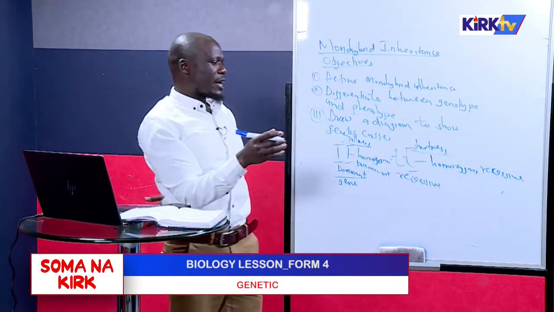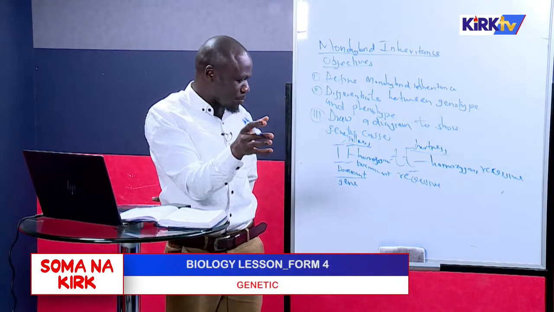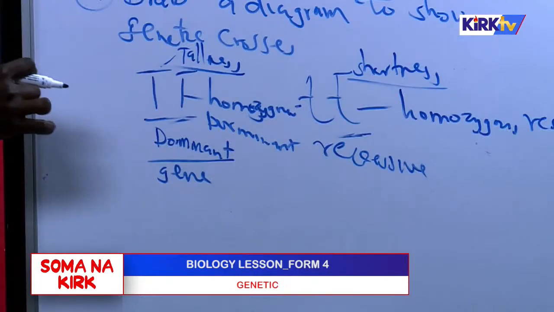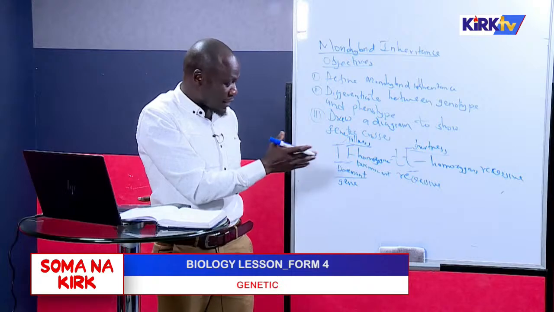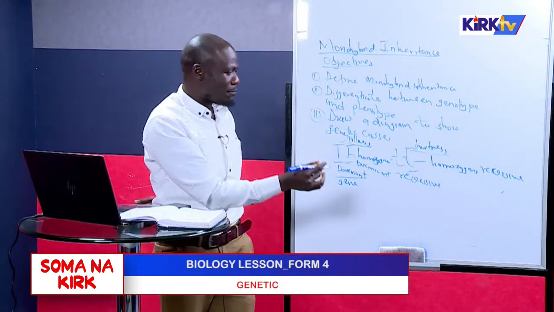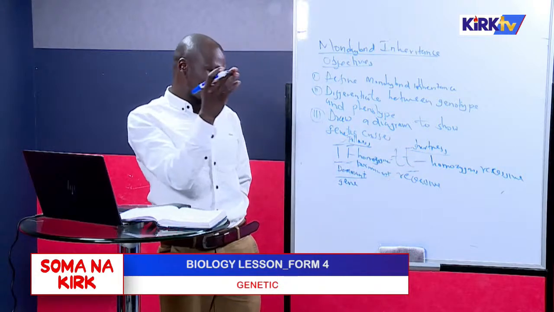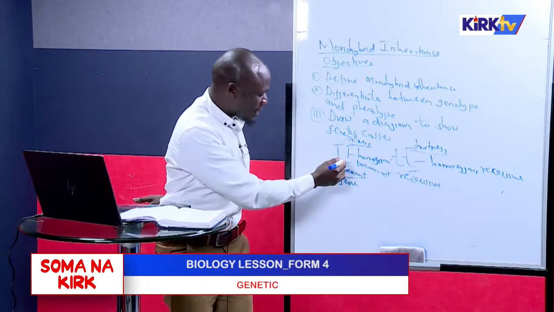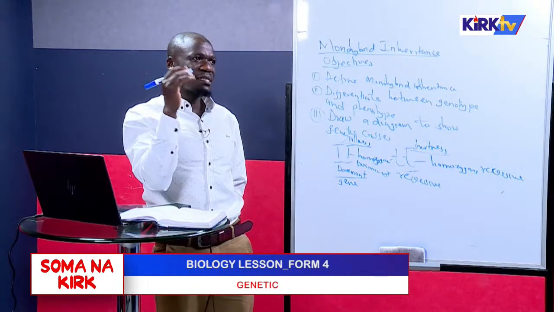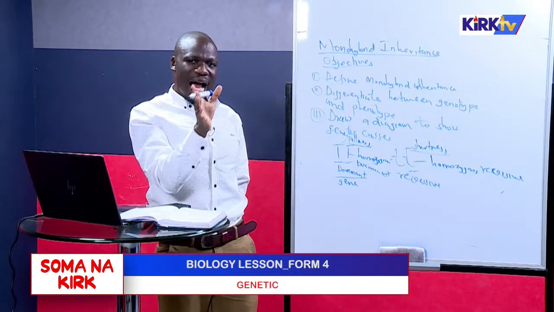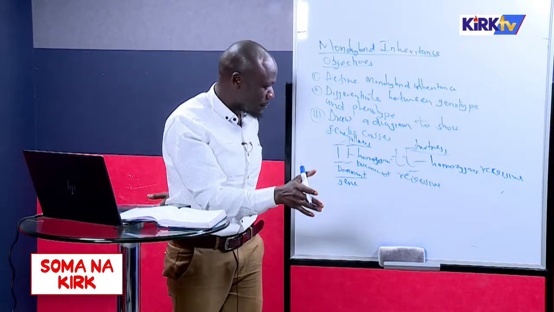So what I was trying to bring to your attention is that we must know about two types of genes that can be represented under genetics. The gene can either be dominant or recessive. A dominant gene, if I have to repeat, is a gene that suppresses the other gene, and the other gene here is a recessive gene.